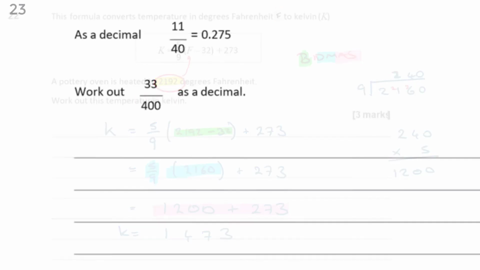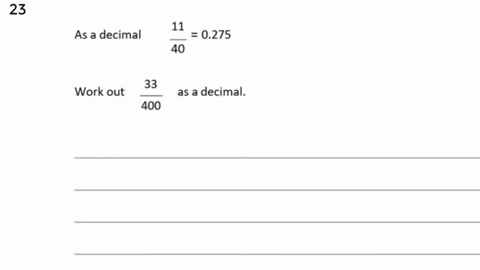We did it. As a decimal, 11/40 is 0.275. Work out what 33/400 is as a decimal. Okay, so these two fractions are quite closely related, aren't they? So we could take 11 over 40, and now if we multiplied it by 3, what's that going to give me?